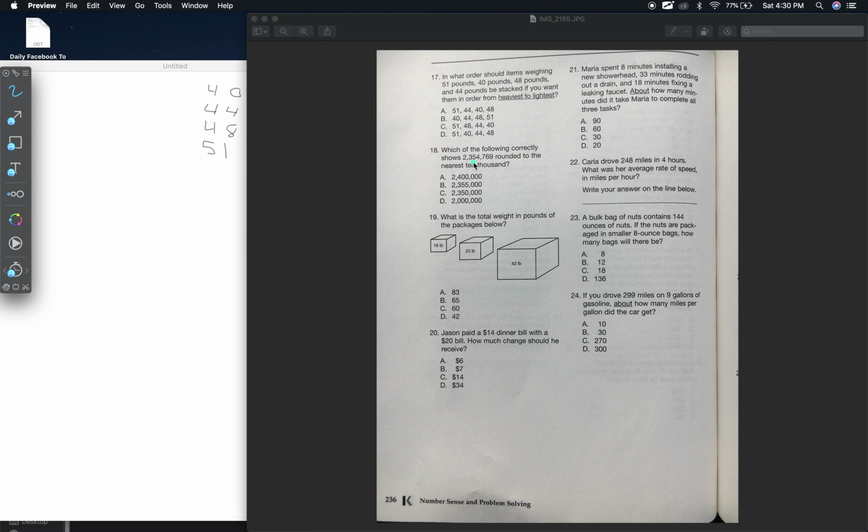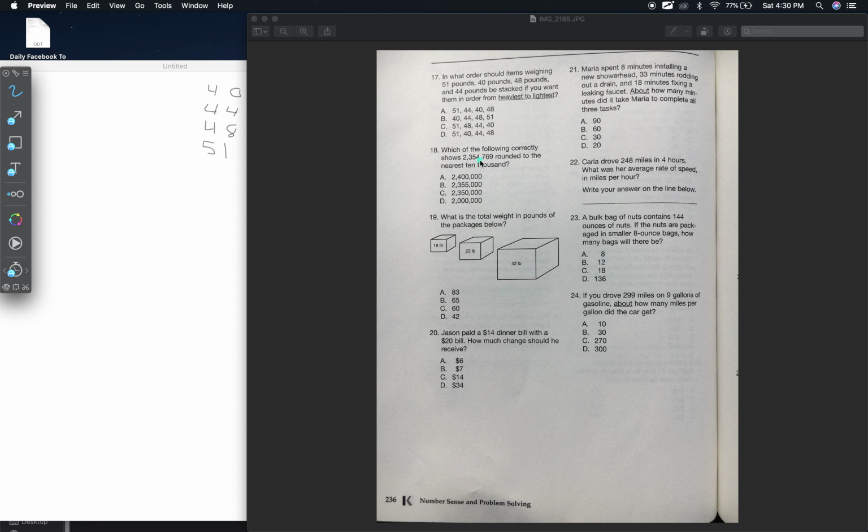Anytime you're trying to round a particular place value, go to the number to the right of it. Since this number is below 5, we would round this off to 2,350,000.